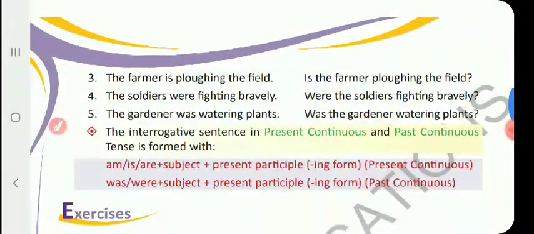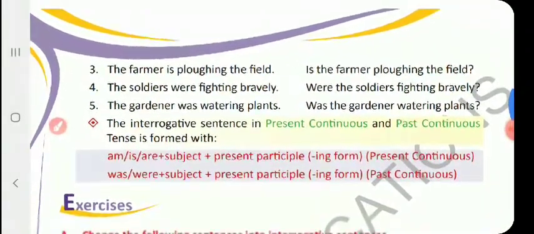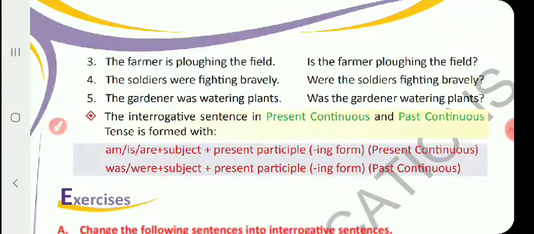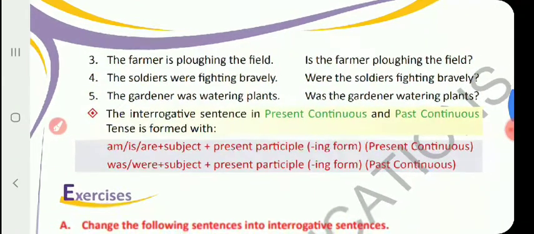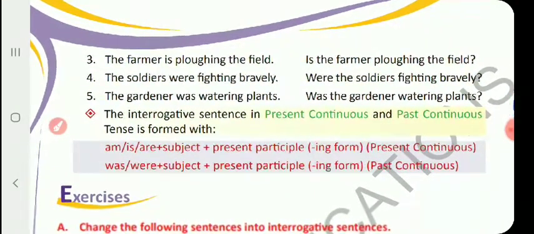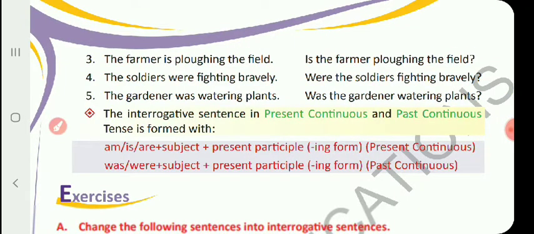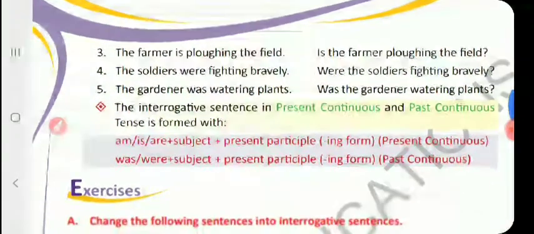Now these two sentences are in past continuous, that is, the soldiers were fighting bravely and the gardener was watering plants.